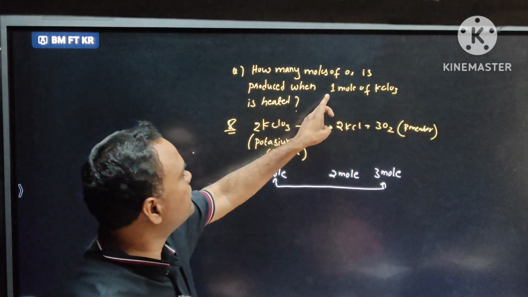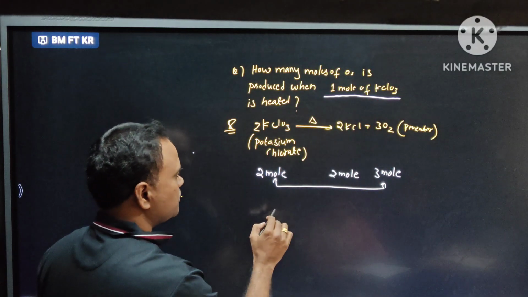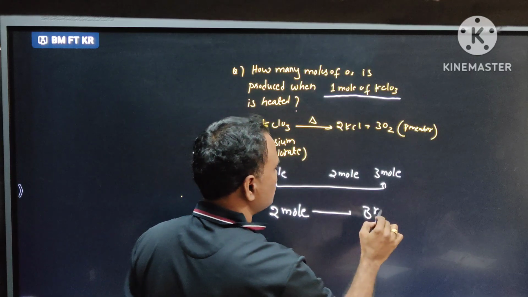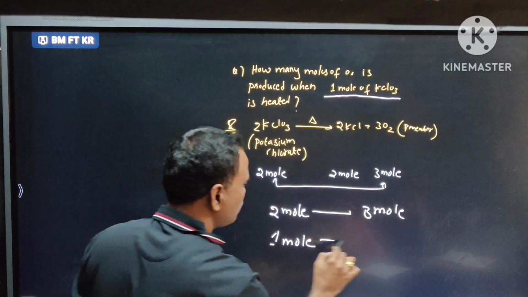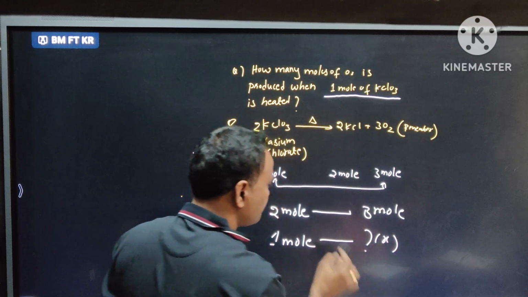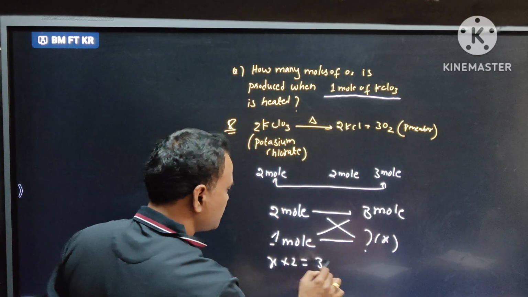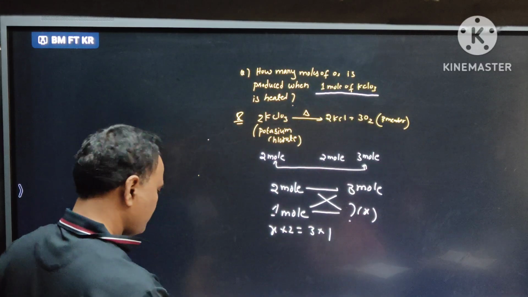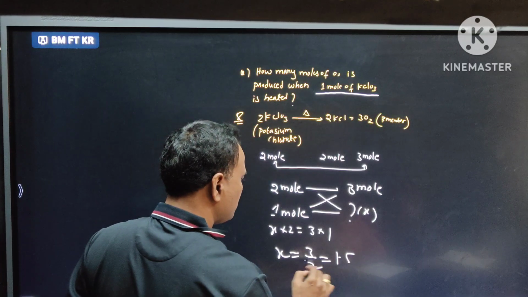But in the question, how many moles of KClO3 is mentioned? 1. So 2 moles produce 3 moles. 1 mole will produce, by cross multiplication, X into 2 is equal to 3 into 1. If you get any confusion, go with cross multiplication. Then x is equal to 3 by 2, that is equal to 1.5.